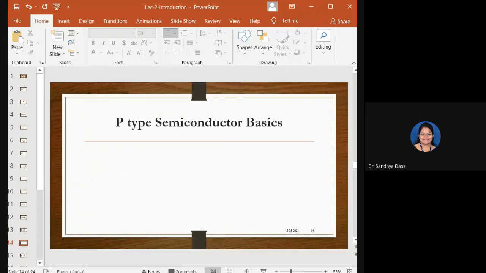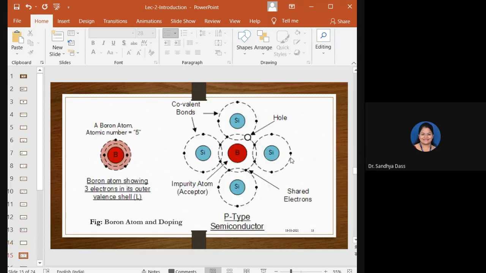Coming to P-type semiconductor basics, again, assuming that you know all these things, I'm just refreshing things. So if we go the other way and introduce a trivalent impurity into the crystalline structure, let us say trivalent means such as aluminum, boron, or indium, which have only 3 valence electrons available in their outermost orbital.